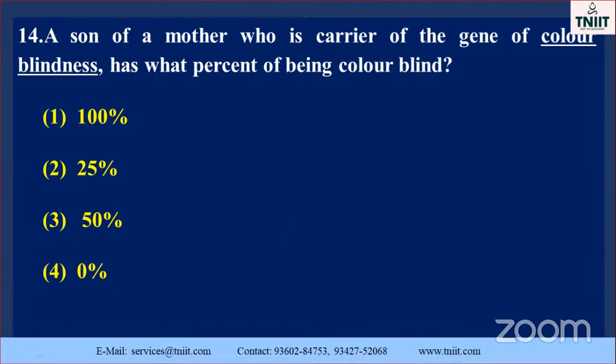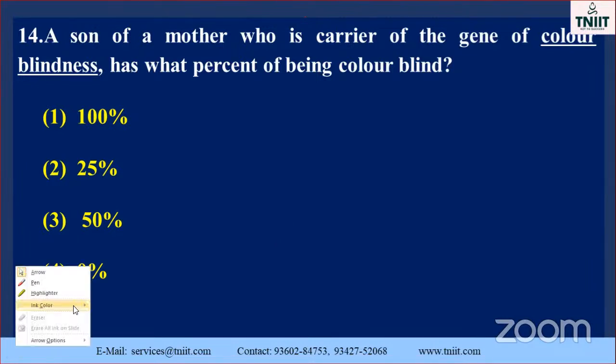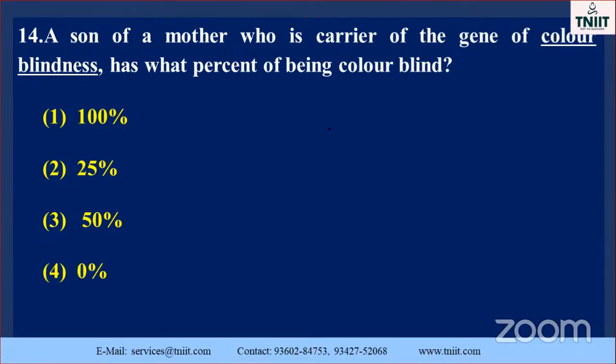Just to take an example, any one of the parents: X and Y. The mother is the carrier, X^C, correct. And what about X? What will be the gametes? X^C is here, X only coming, isn't it? This one is X^C, and Y is also giving. So what will be the nature?